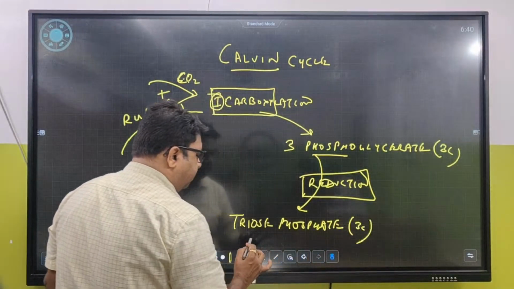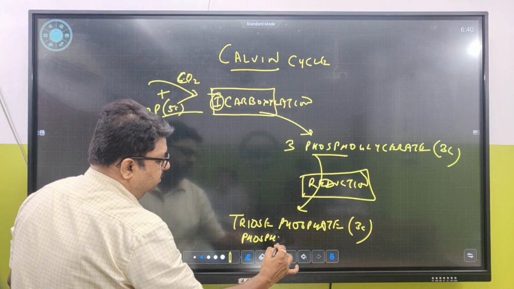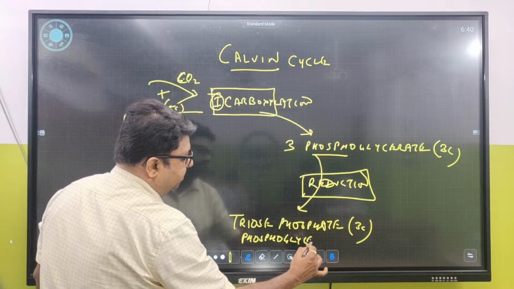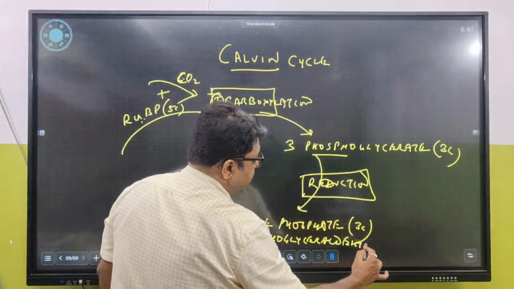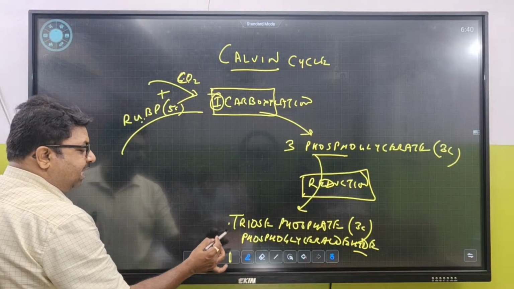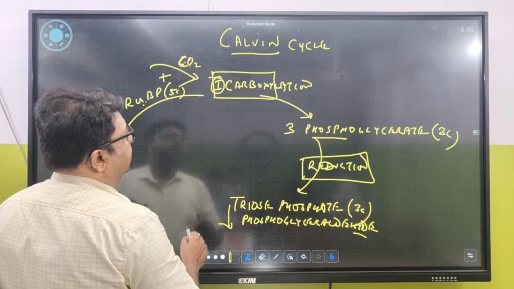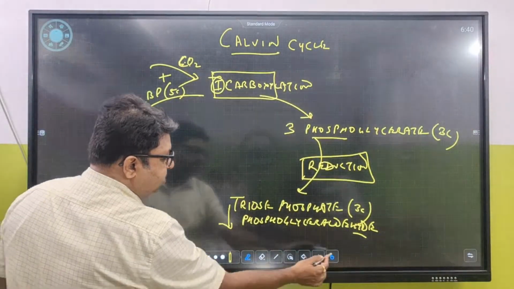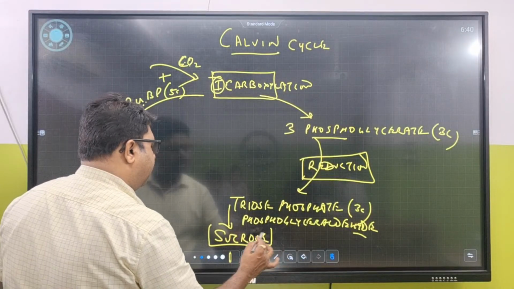It's a 3 carbon compound, phosphoglyceraldehyde. And from triose phosphate, look below, what has been shown? Sucrose and starch. So sucrose, that is glucose, is formed, and it is stored in the form of starch.